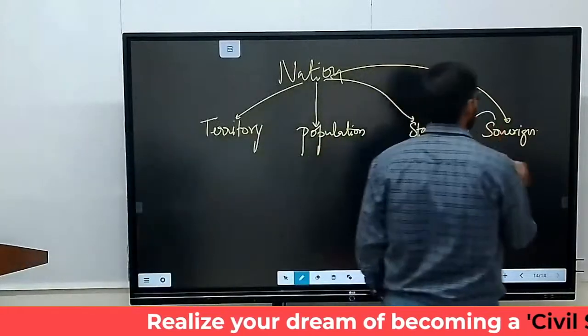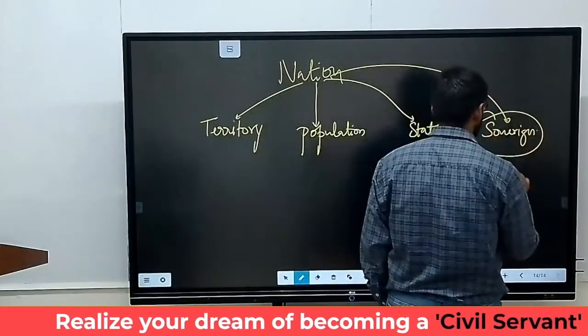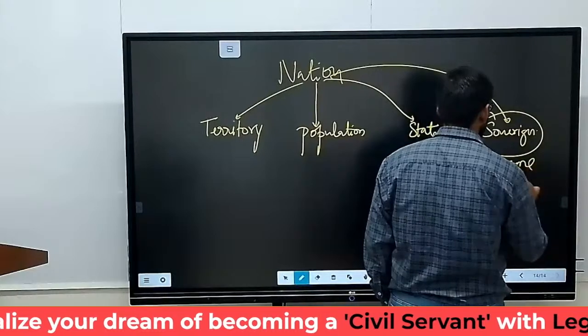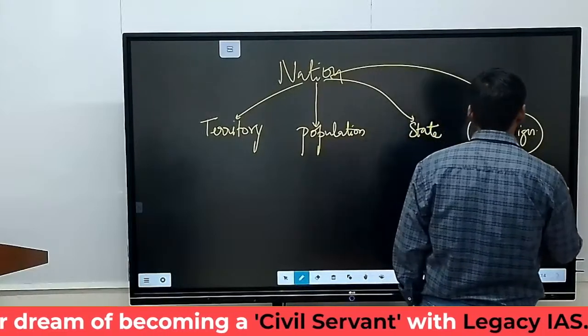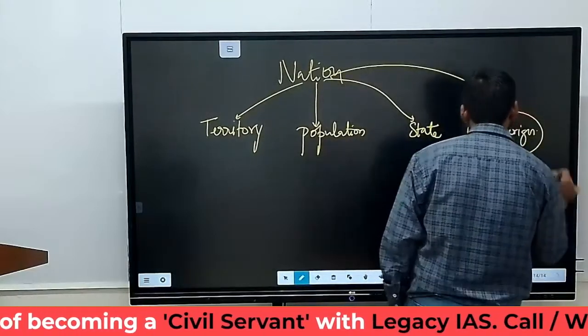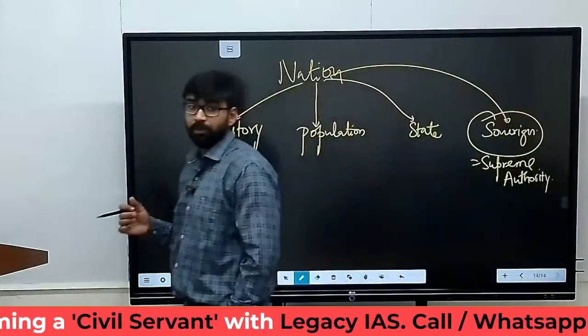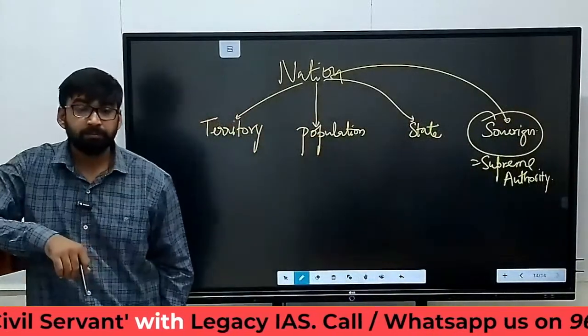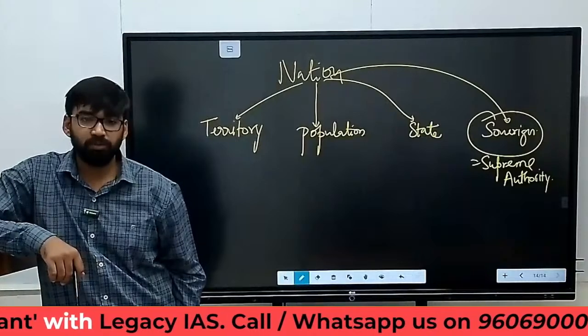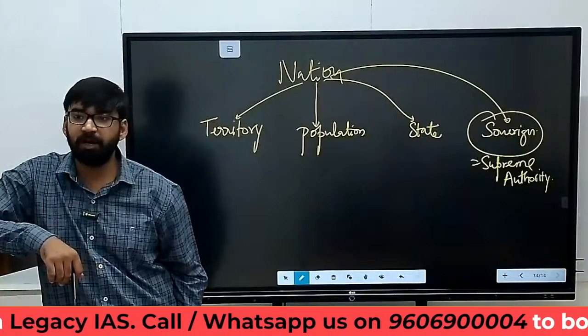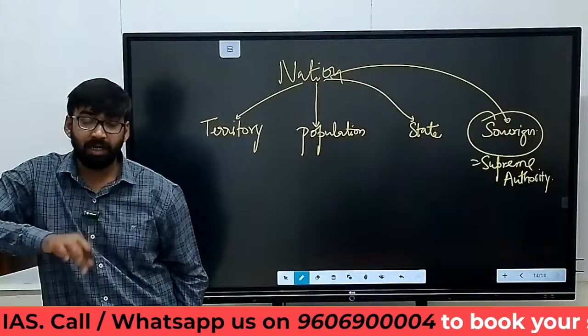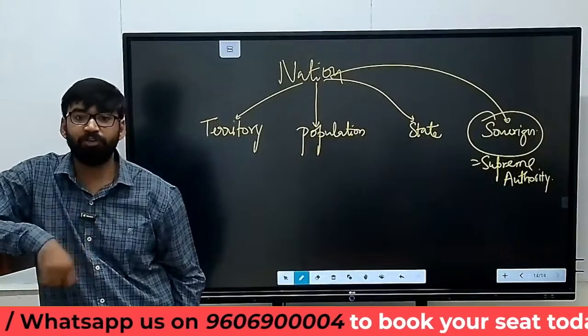Sovereign means supremacy, supreme authority. Now, who is the supreme authority in India? Who is the supreme authority? Constitution. The constitution has given power to the president. But ultimately supreme are the people of India.